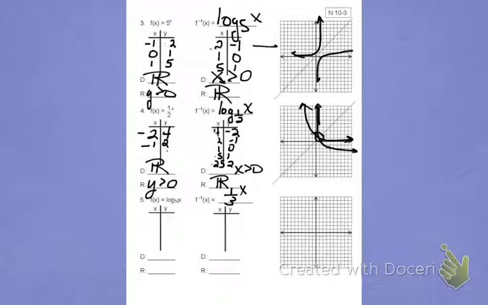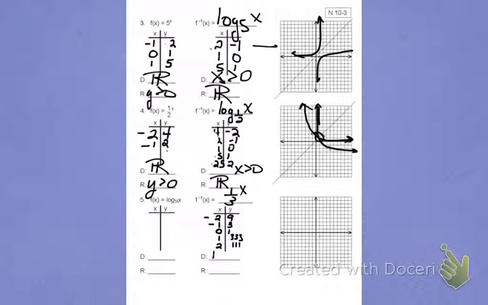Okay, so it's easier to find the exponential, (1/3)^x. When x is -2, y is going to be 9. (1/3)^-1, y will be 3. (1/3)^0 is 1. (1/3)^1 is 0.333, and (1/3) squared is 0.111.